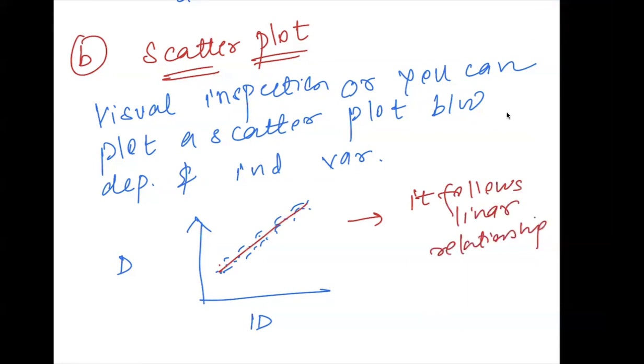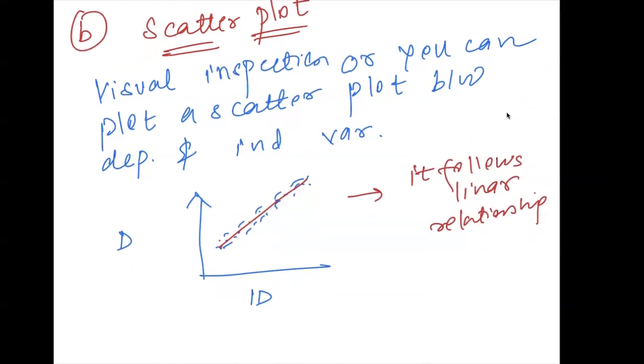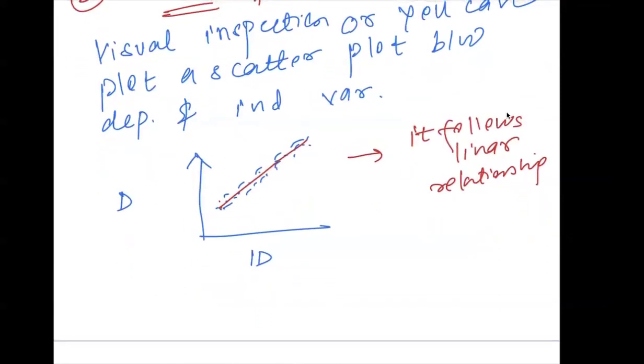So these are two ways in which you can understand: one is using the correlation coefficient, and the second is using the scatter plot, to understand if there is a linear relationship between your dependent and independent variable.